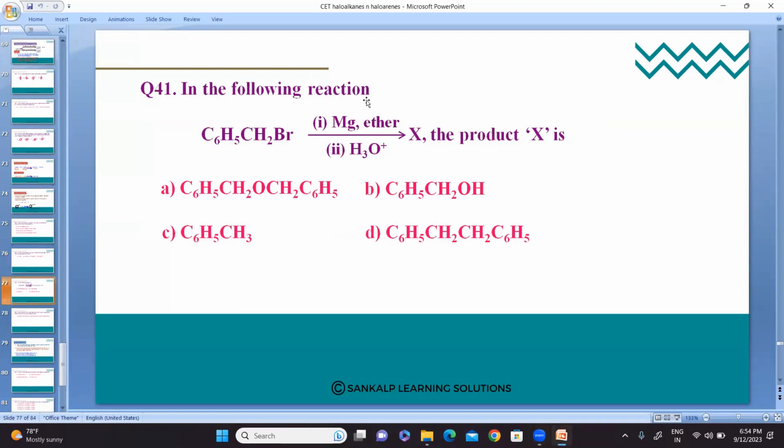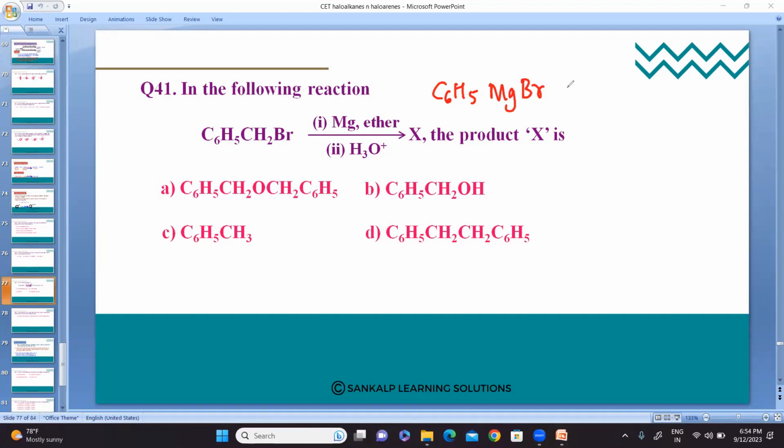In the following reaction, C6H5CH2Br, if it is treated with Mg in the presence of ether and if it undergoes hydrolysis, what is the product X obtained? If I treat C6H5CH2Br with Mg, it will form C6H5CH2MgBr.